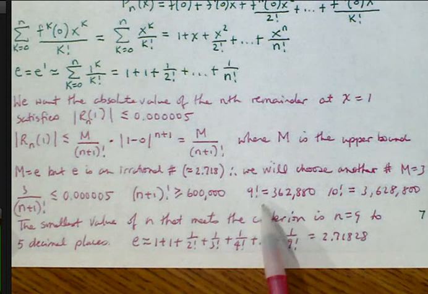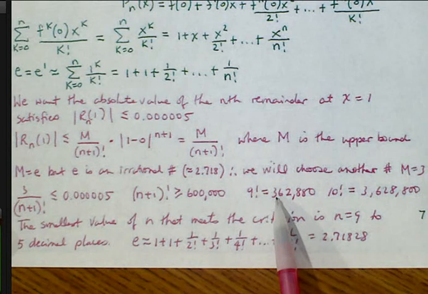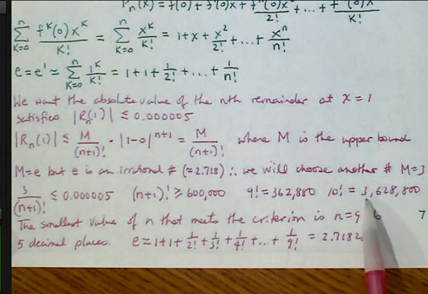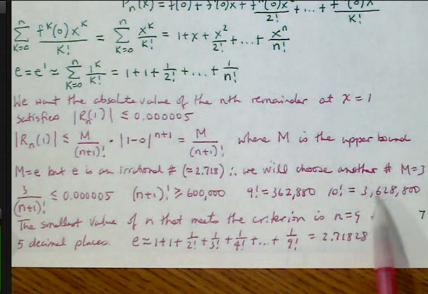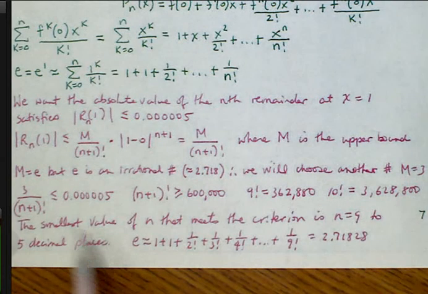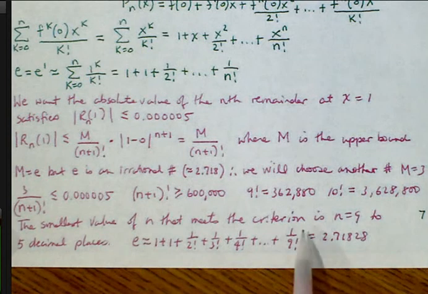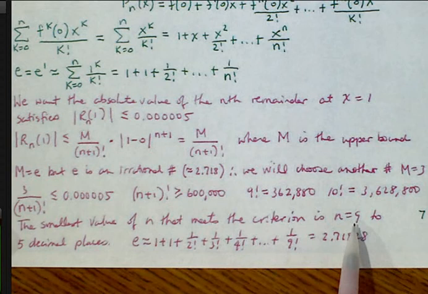So now I'm going to look at my factorials. 9 factorial is 362,880, and 10 factorial is 3,628,800. So the smallest value of n that meets the criterion is n equals 9, to 5 decimal places.